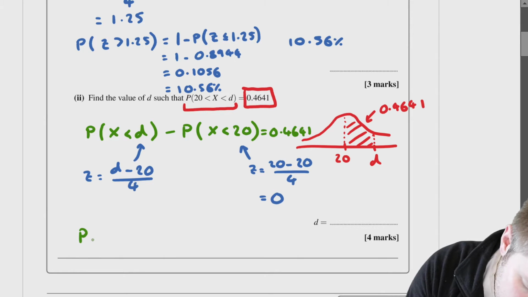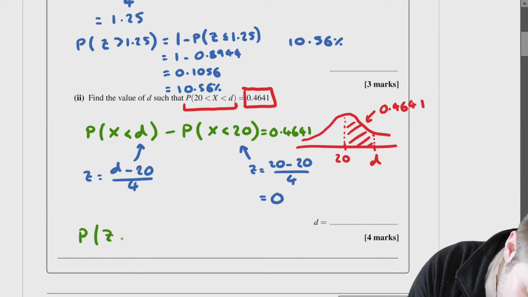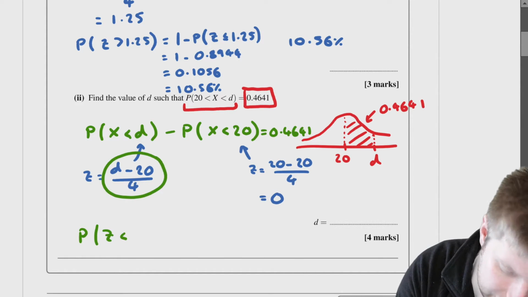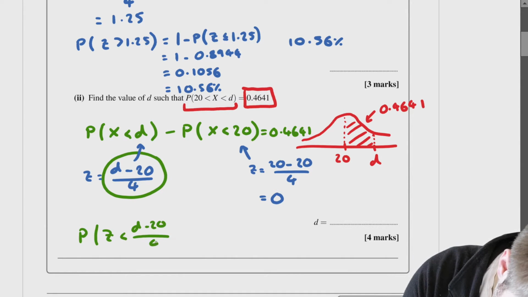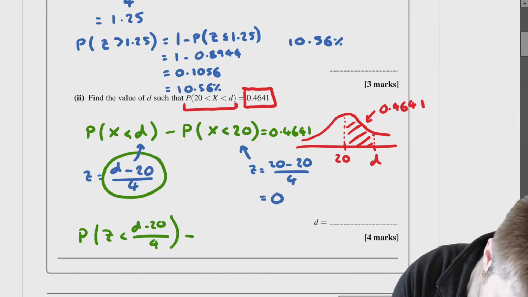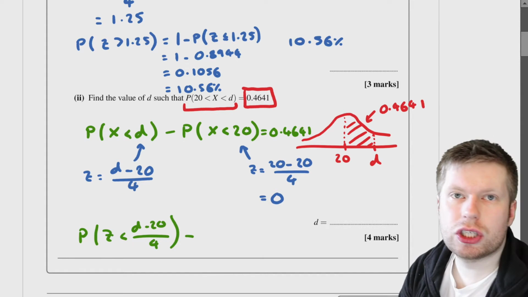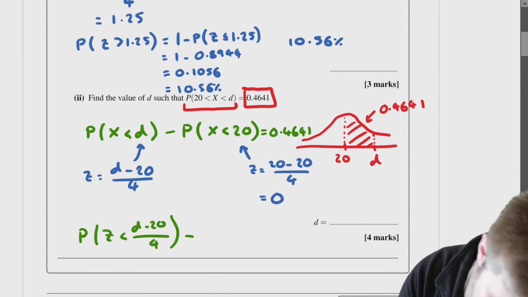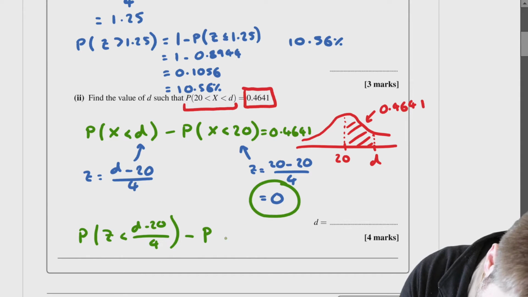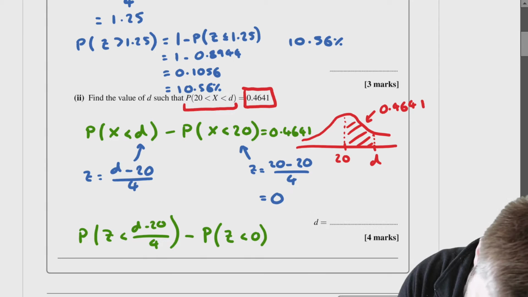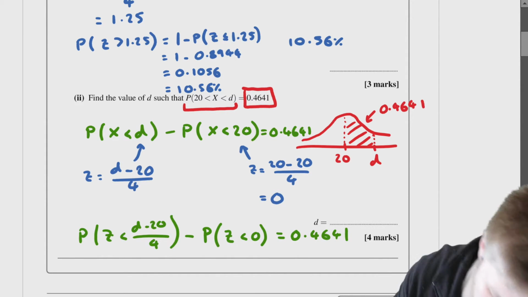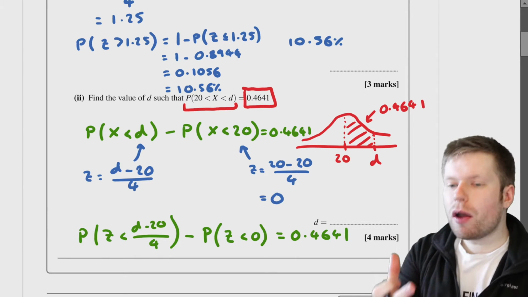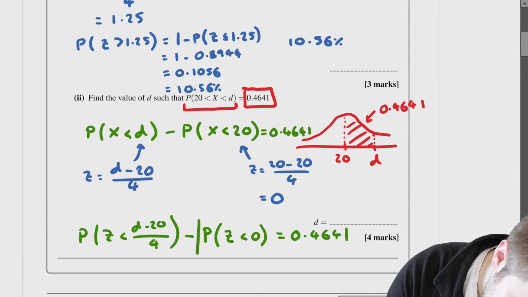I'm saying the probability that z is less than, if I standardize d, I get this, d minus 20 over 4, minus, well, how many standard deviations does 20 lie from the mean? It's 0. I've just worked that out. So the probability that z is less than 0 should be equal to my 0.4641.